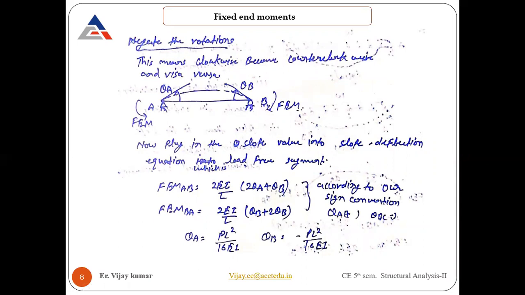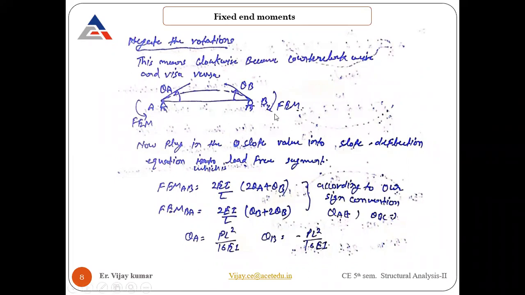I'm moving a bit fast because you are already aware of these things. I just complete this portion, and then I will be on the portion of slope deflection derivation. There I will be at a bit slower speed.